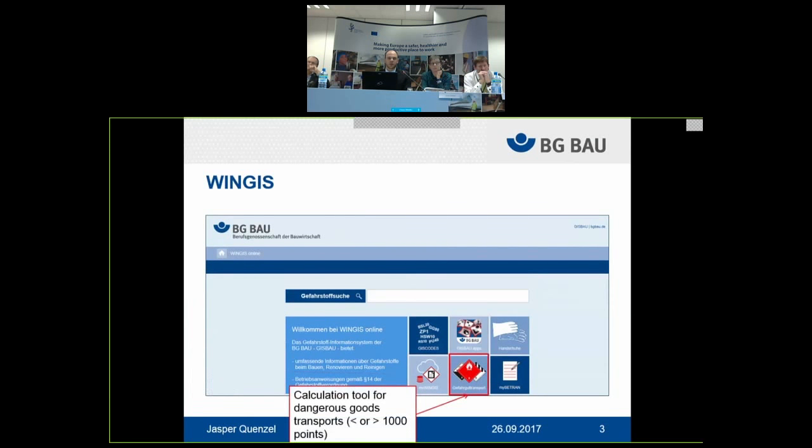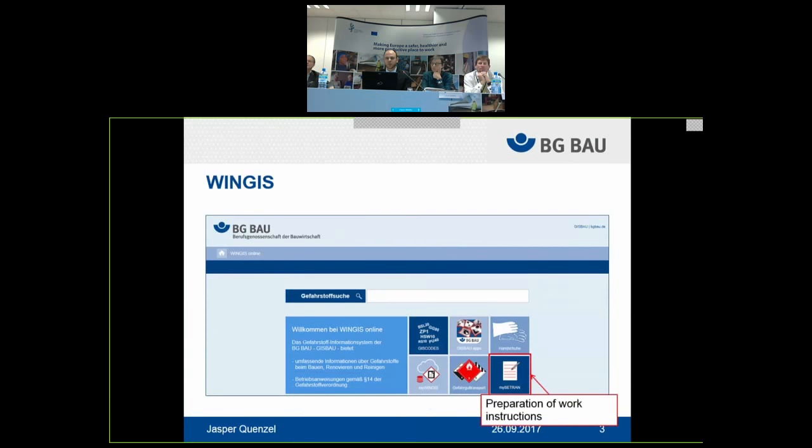We provide a calculation tool for dangerous goods, whether or not you are above or below 1,000 points. If you are above, you have to take a lot more into account when transporting dangerous goods. And we have MyBetran, which is our tool for the preparation of work instructions.